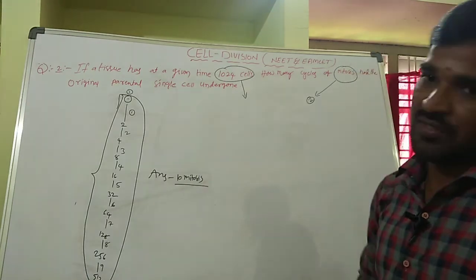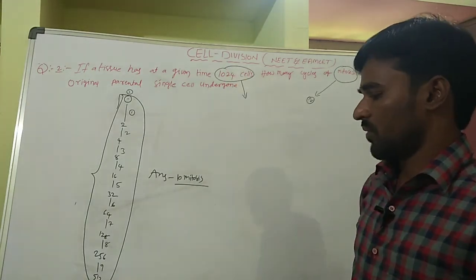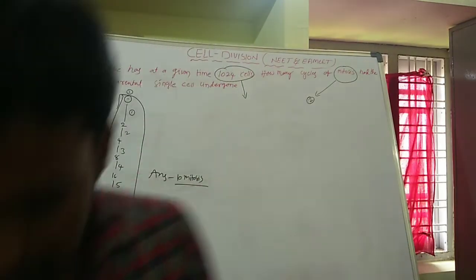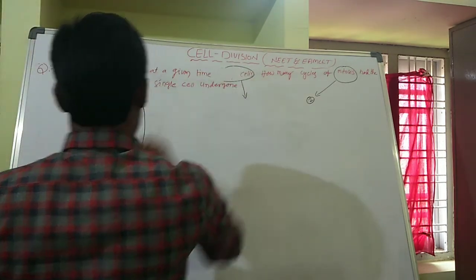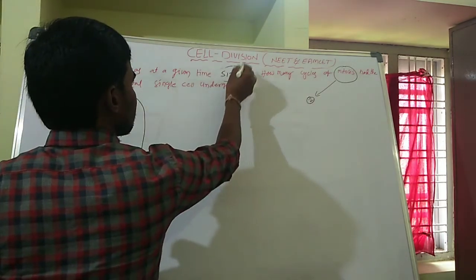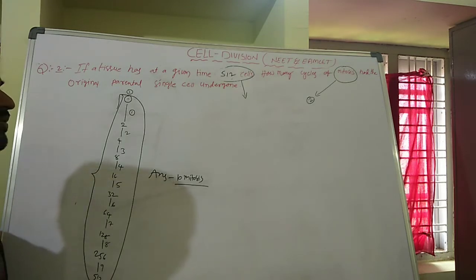Okay. Sometimes instead of 1024, 512 cells is asked. If a tissue has at a given time 512 cells, how many cycles of mitosis had the original single parental cell undergone?